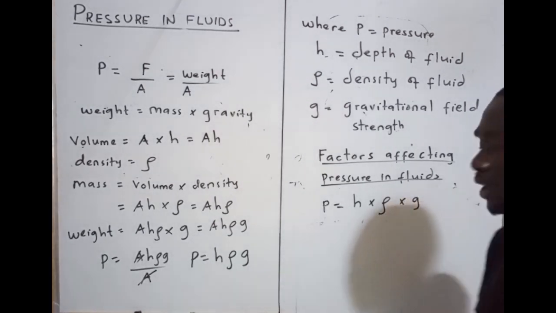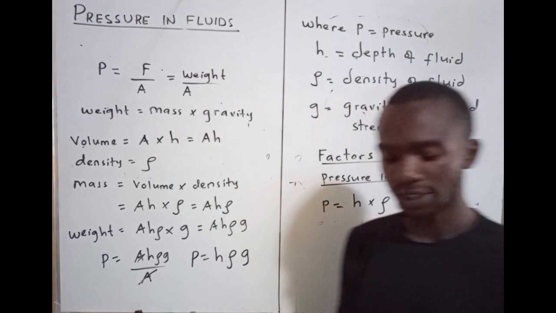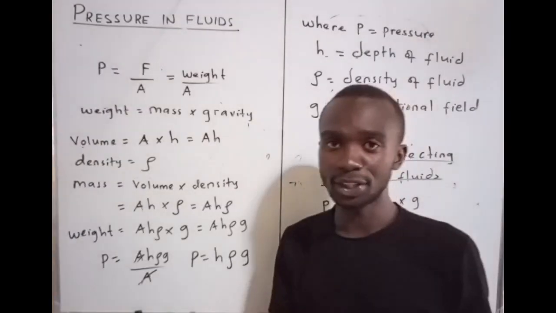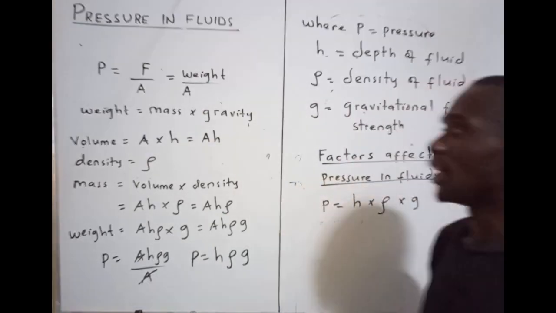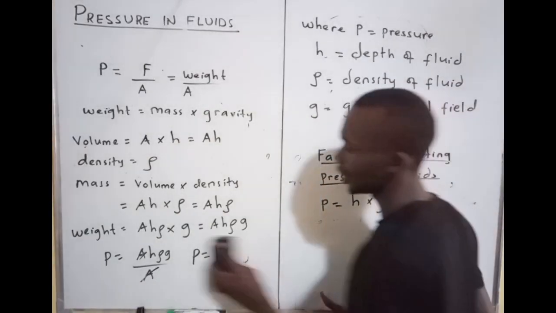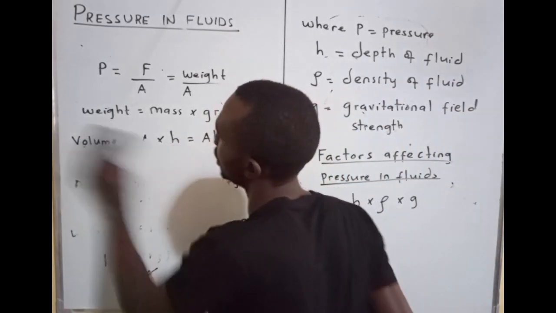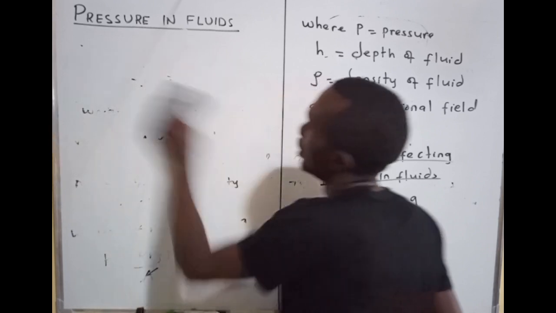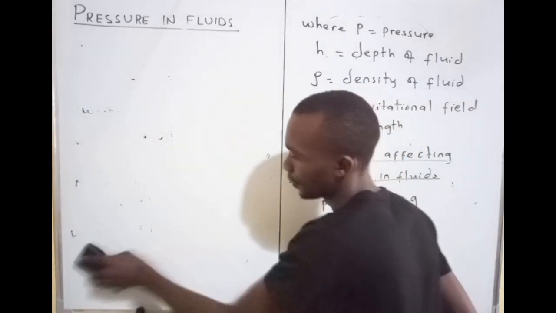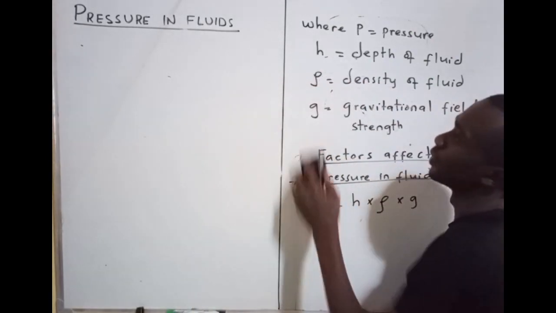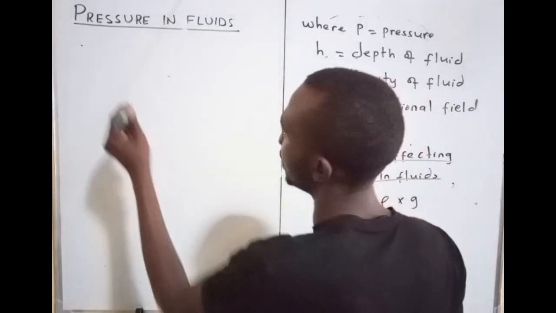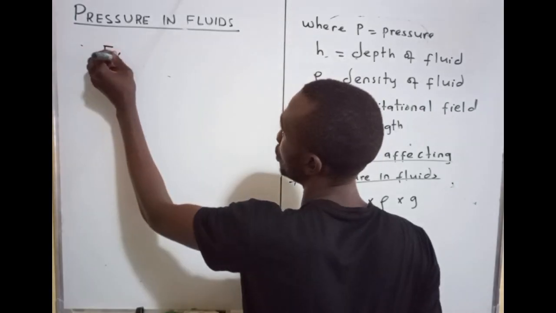When you have a bigger gravitational field strength, it results in bigger pressure exerted by the fluid in that container. Now, let us look at an example of a question involving the pressure in fluids. We just have to do one example.